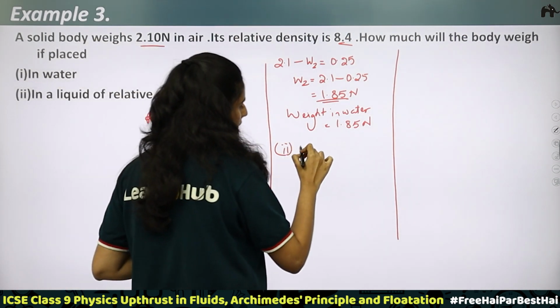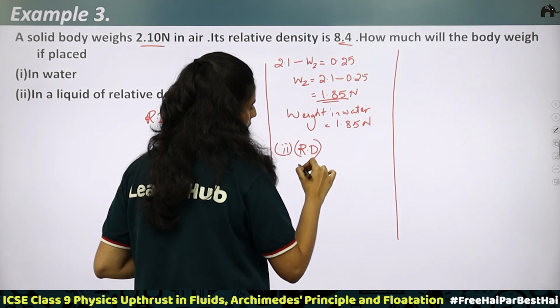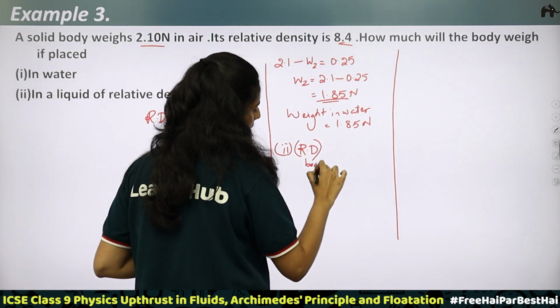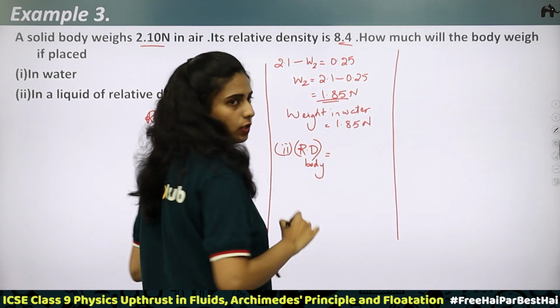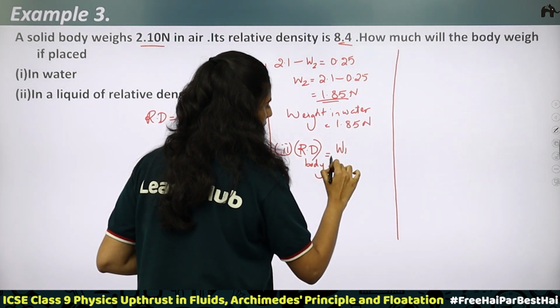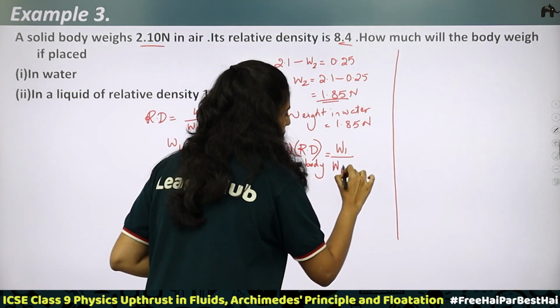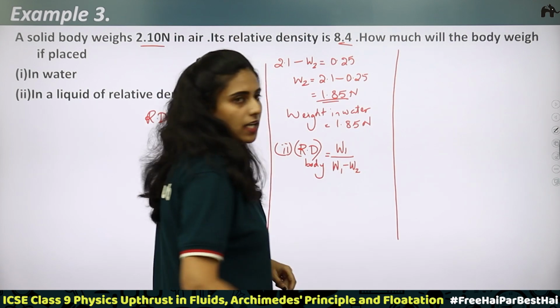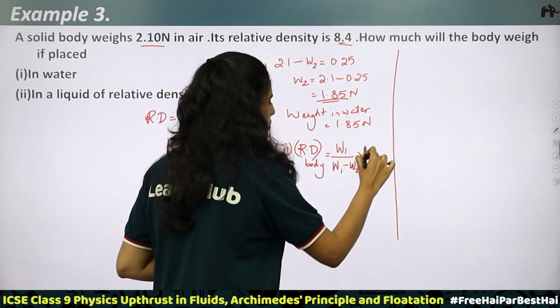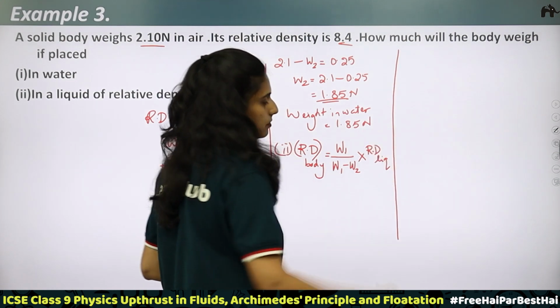Now the second part of the question: we have to find the weight in a liquid of relative density 1.2. In that case, the relative density of the body will be equal to the weight in air W1 divided by the loss of weight in liquid, W1 minus W2, into the relative density of the liquid.